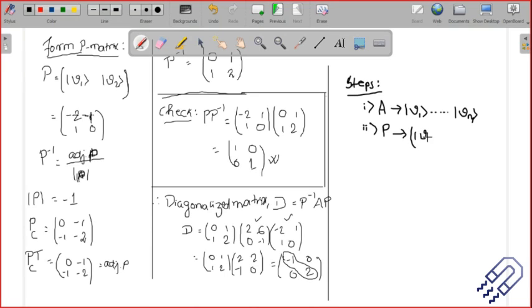See, it's a square matrix. Form the P matrix, second step. Third step, find P inverse. Fourth step, find the diagonalization. The diagonalized matrix, P inverse A P, that's the final answer. So these are the 4 steps that we have to do to diagonalize a matrix.